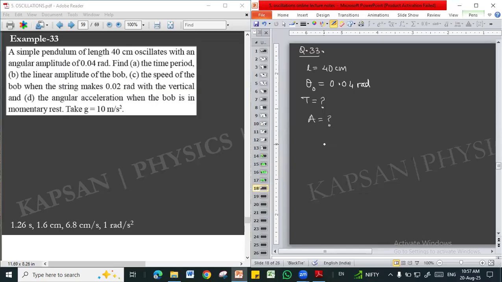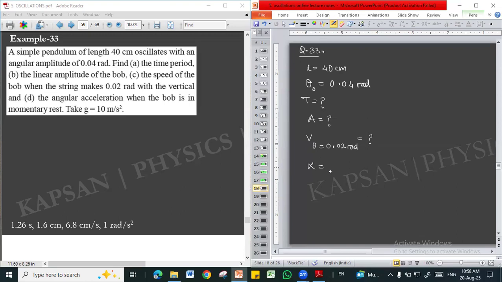Third, the speed of the bob when it makes 0.02 radian with the vertical, at an angular position theta equal to 0.02 radian. D, angular acceleration of the bob when it is momentarily at rest.